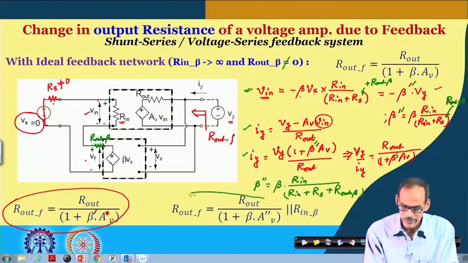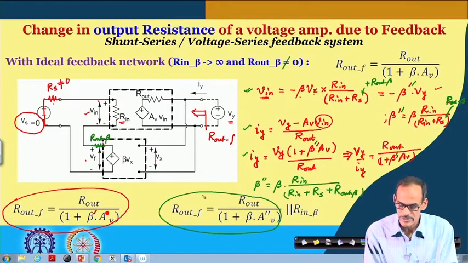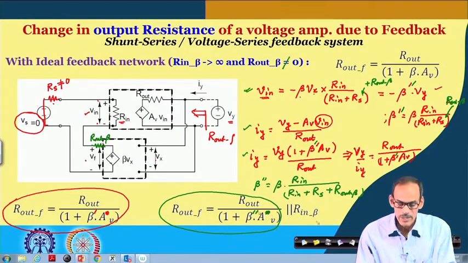So, that is what we will get as the output resistance in this form. Again I made this typographic error. So, the double dash will be on beta.